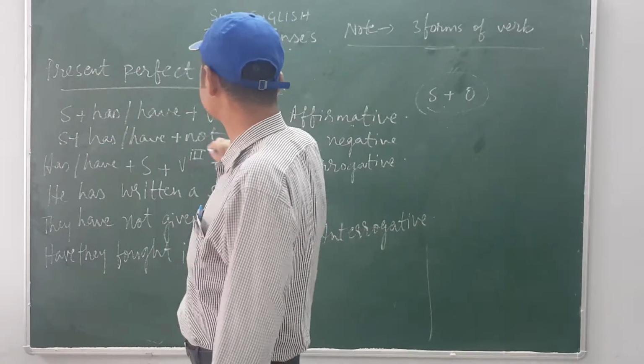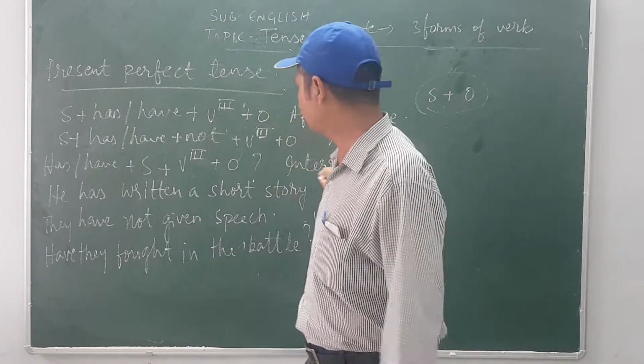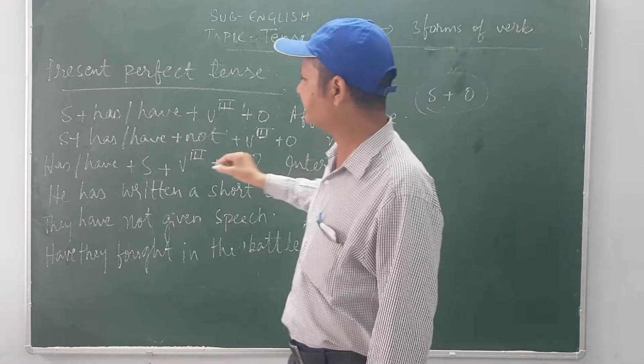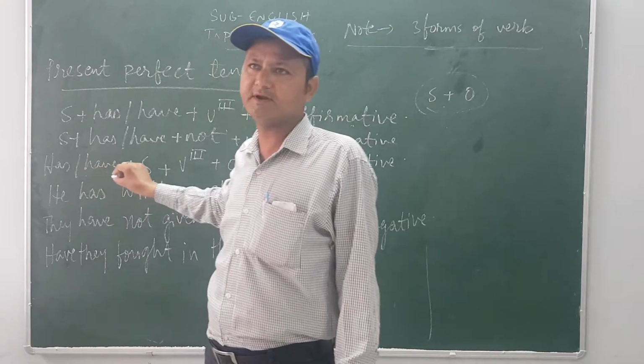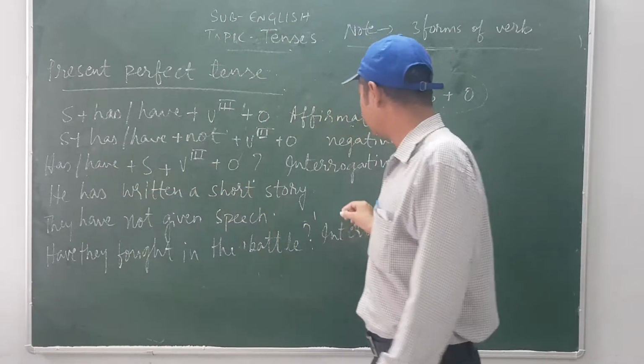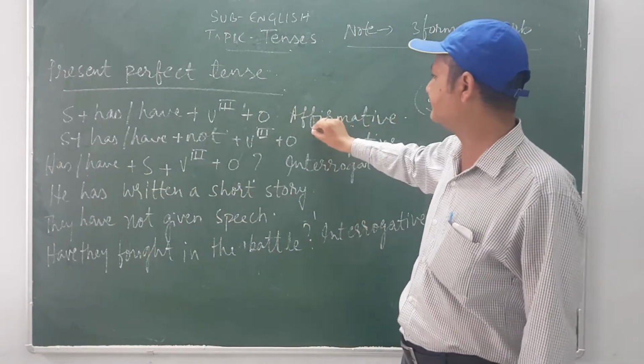In the negative sentence, you will have to add only not, and in the interrogative sentence, the helping verb has and have will come in the beginning of the sentence. I have given three examples for each and every format.